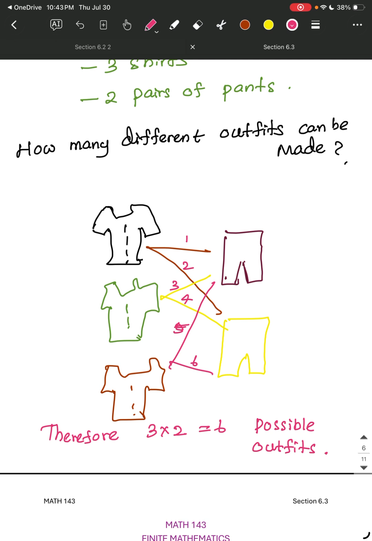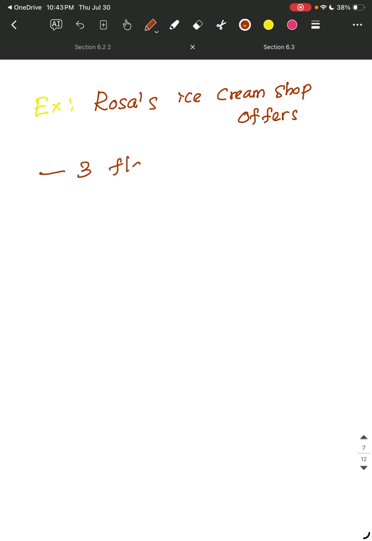Let's see one more example quickly. Rosa's ice cream shop offers 3 flavors and 4 container types.